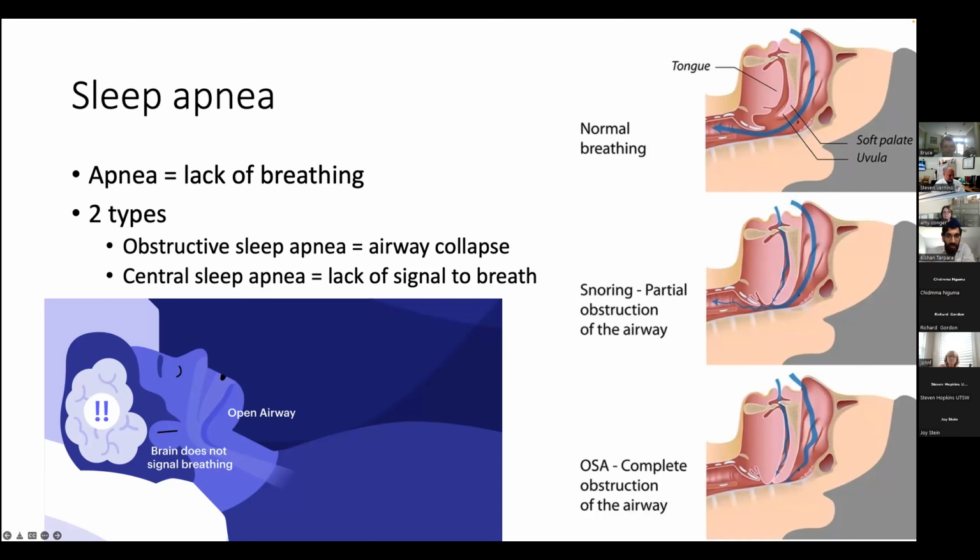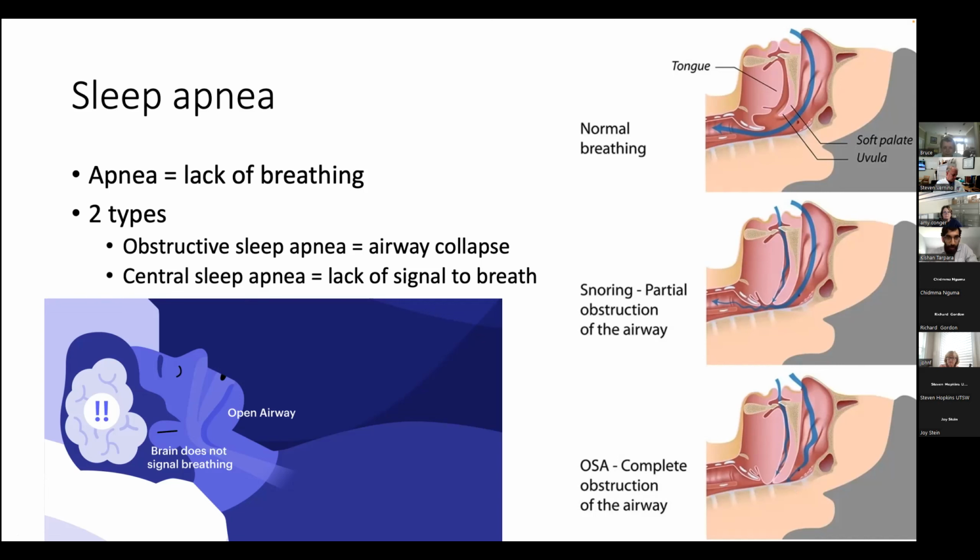Partial obstruction, which you see in snoring, is when the airway is not completely blocked, but partially blocked, and air is slipping through, and that results in a vibration in the airway and in the back of the throat, which results in the snoring. And obstructive sleep apnea is complete obstruction of the airway for periods of time, usually a few seconds up to a minute or longer, believe it or not.